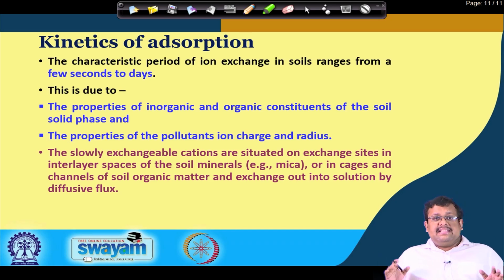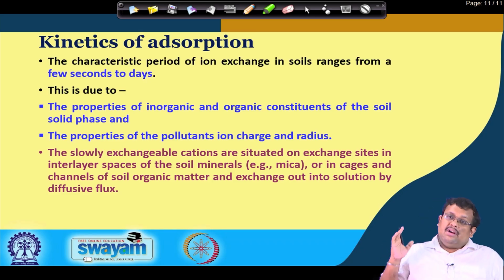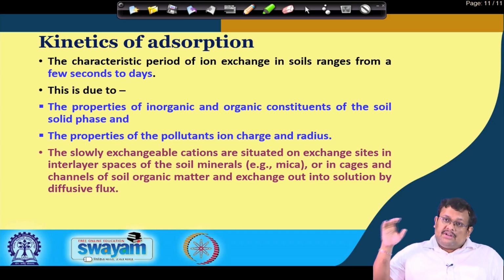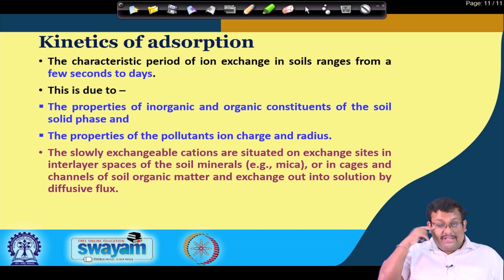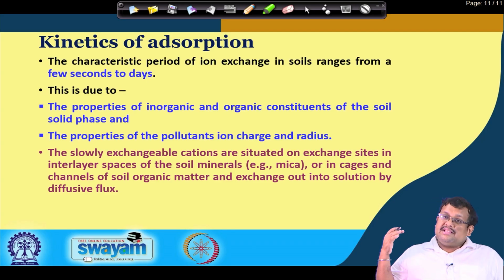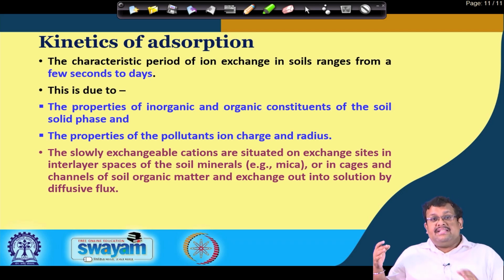We have already discussed that, as compared to the external surface area, those cations adsorbed into the internal surface or interlayer spaces, just like in the case of illite, mica, and smectite, are slowly exchangeable in nature.